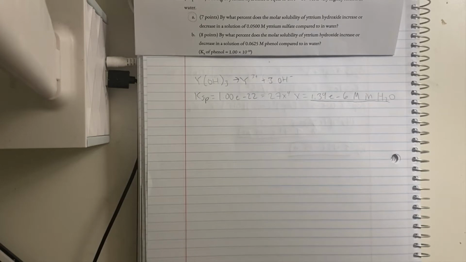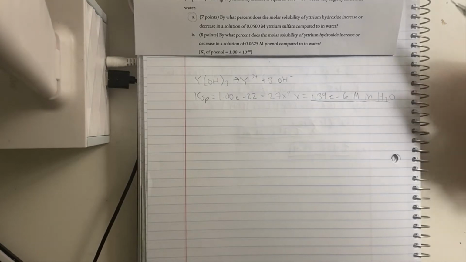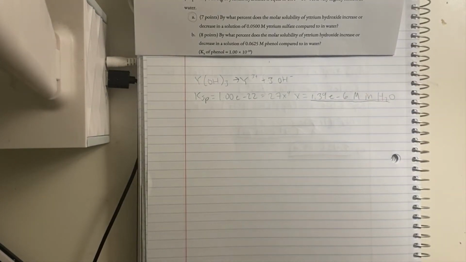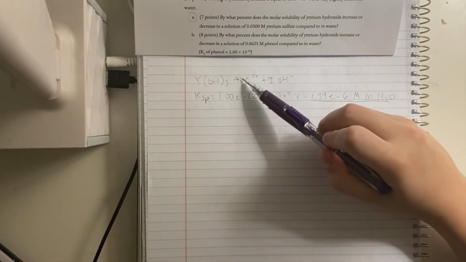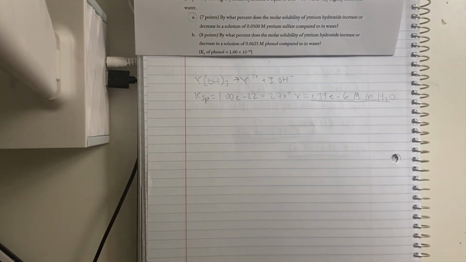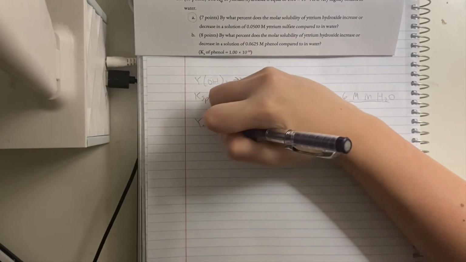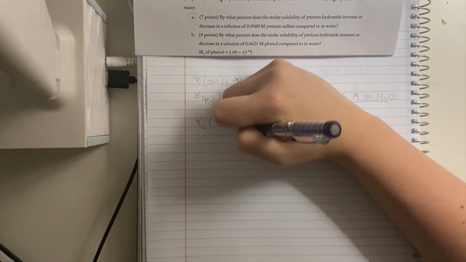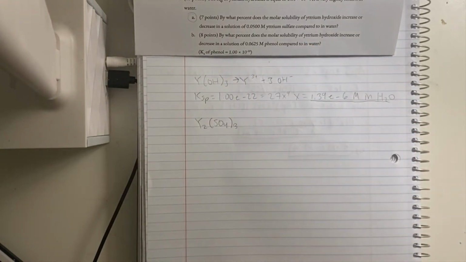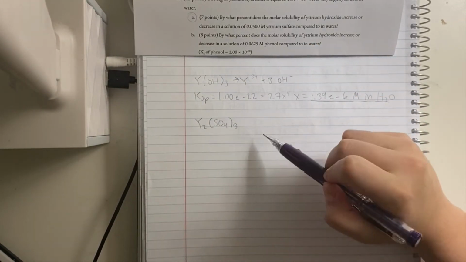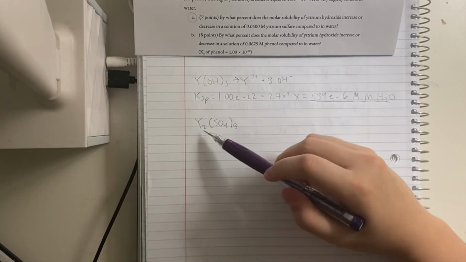And okay, so now we have the first part done. We found the molar solubility of it in water. Not too hard. Now we have to find the molar solubility in 0.05 molar yttrium sulfate. Now this is pretty much the same concept, except we start out with a certain amount of the yttrium ion, and yttrium sulfate is written like this, and you can see that in every mole of yttrium sulfate there are 2 moles of yttrium ion.